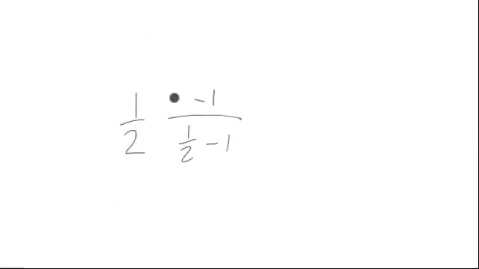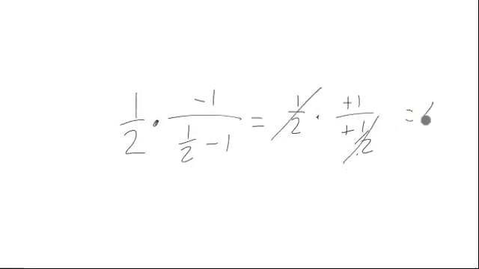Because the other part over here was 0, it vanished. So this is what we're left with. Now on the bottom, 1/2 minus 1 is negative 1/2. So we have negative 1 over negative 1/2. Now that negative, we could just make a positive here. This is like 1/2 times 2. The 2s would cancel and we'd be left with 1.